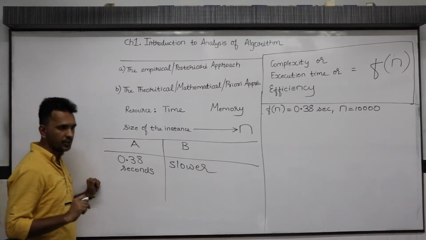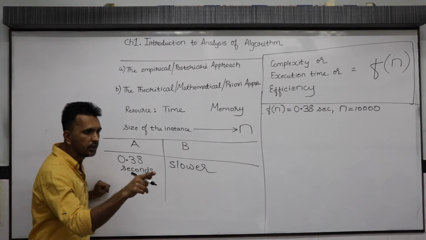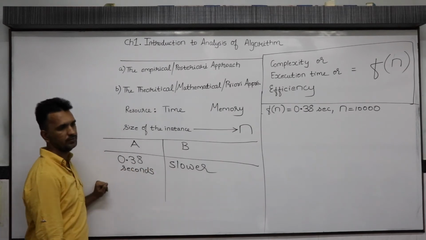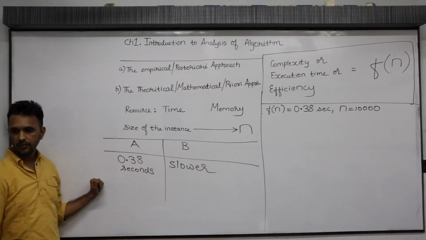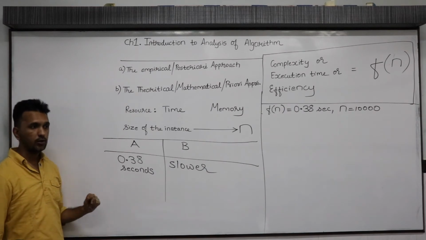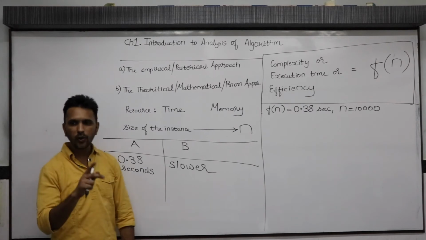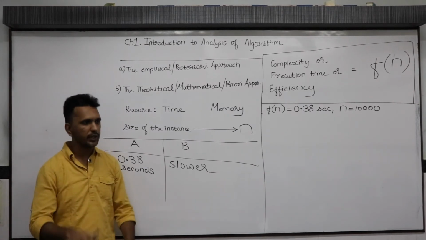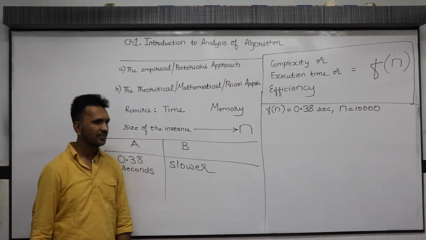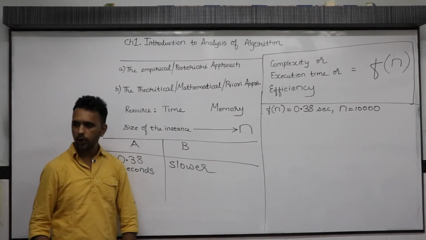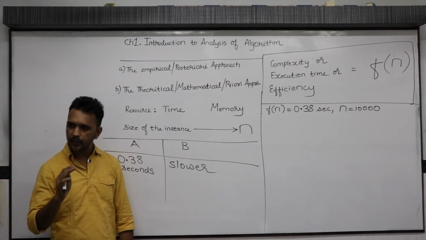If you are paying attention, you should immediately tell me something. What is the other method? Very good. Understand what she said. See, you are not going to measure execution time in kilograms. You are not going to measure execution time in kilometers.